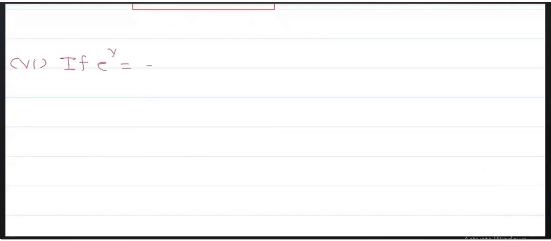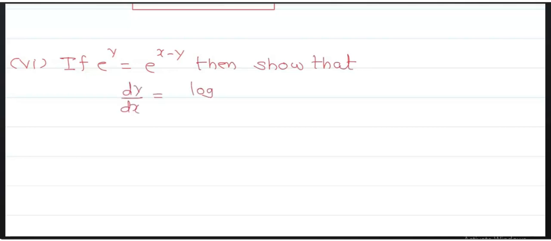Next is, if x raised to y is equals to e raised to x minus y, then show that dy by dx is equals to log of x upon 1 plus log x bracket square.